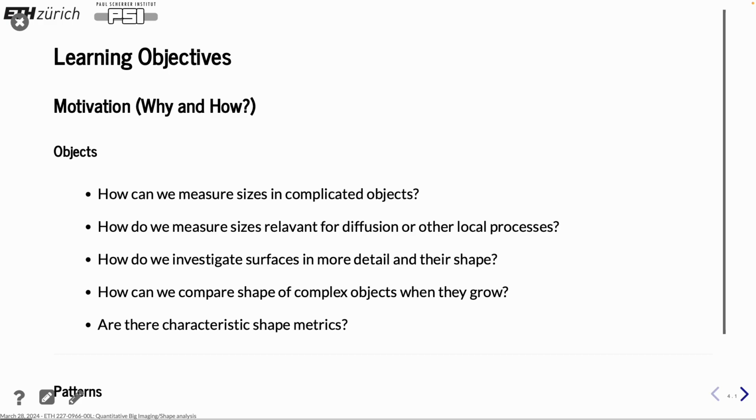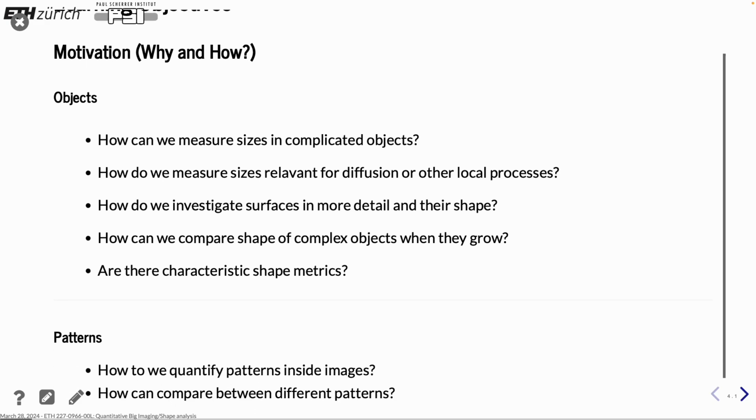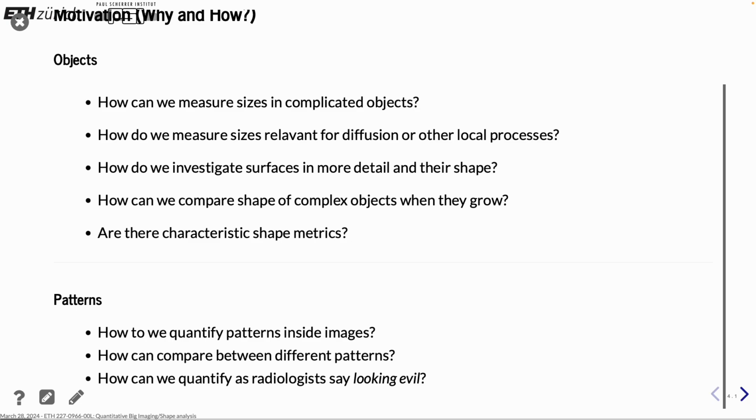And we can also measure sizes for how far things are away from the surface, etc. And we may want to even measure how objects change when they grow. And the other thing is we may also want to quantify how patterns look like inside. And that is inside the object.